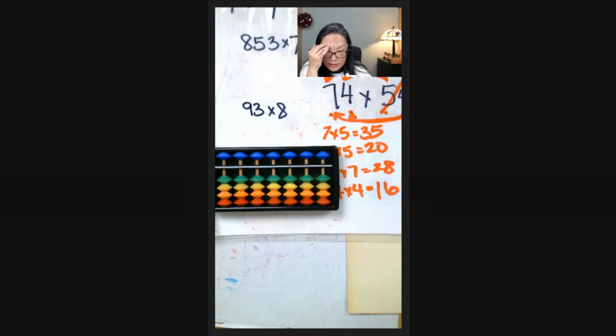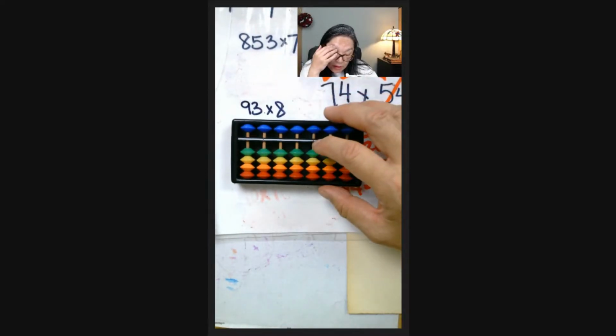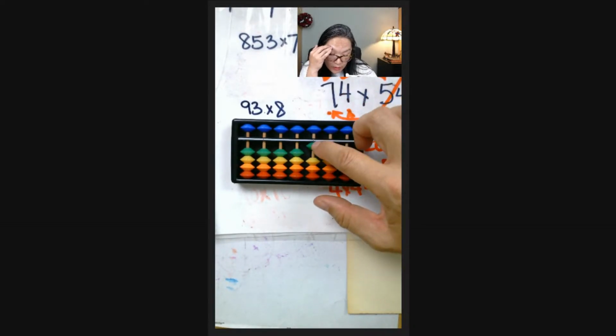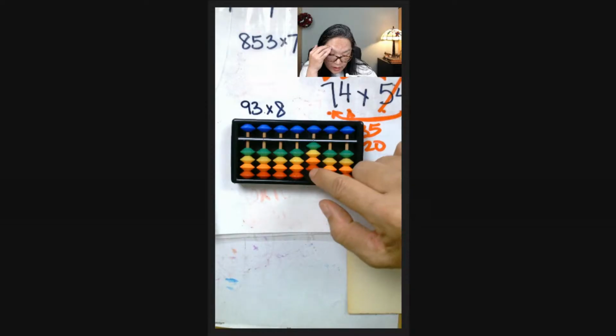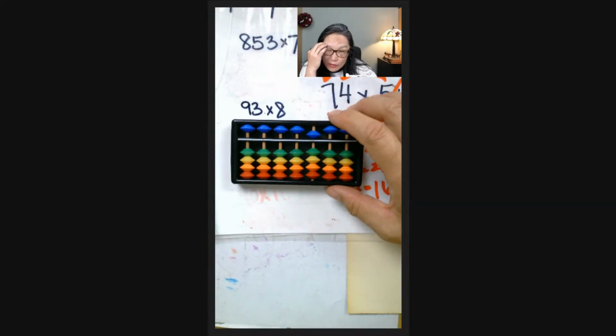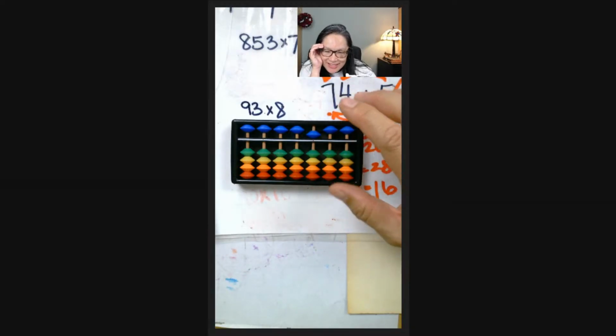Okay, let's do a little review. Anytime we have the beads touching the horizontal bar, we have one, two, three, four, and then five. The top bead will always be five. Don't feel dumb, this is the fun grade.